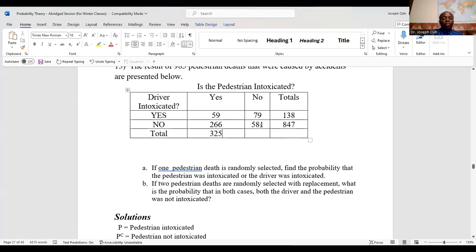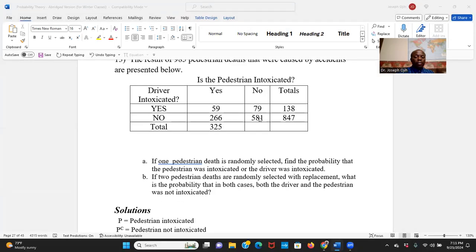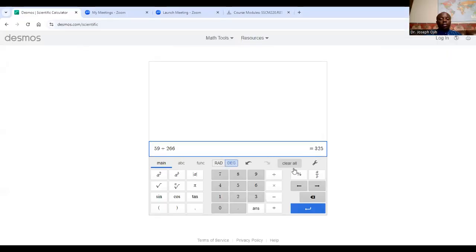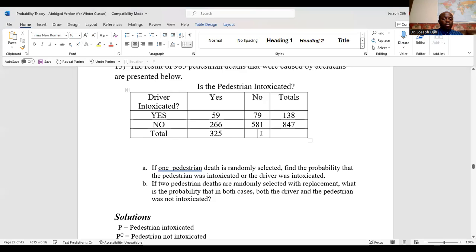Then this one is 79 plus 581, which is 660. Let's put it right there.